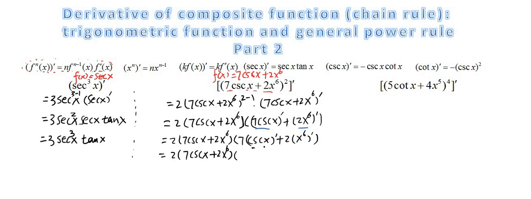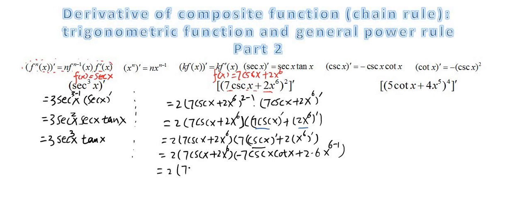And here, the derivative of cosecant x should be negative cosecant x cotangent x. So it should be negative 7 cosecant x cotangent x. And the derivative of x to the power 6 is going to be the power rule, right? So we have 6 times x to the power 6 minus 1.